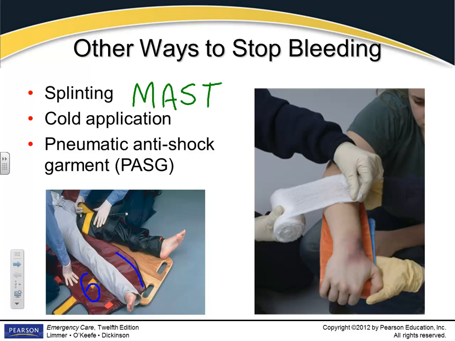They fit up over the body like big pants that blow up. And it provides pressure all the way around the legs, both legs, and even around the hips and the pelvis. Military anti-shock trousers. That's where they came from, for the military.